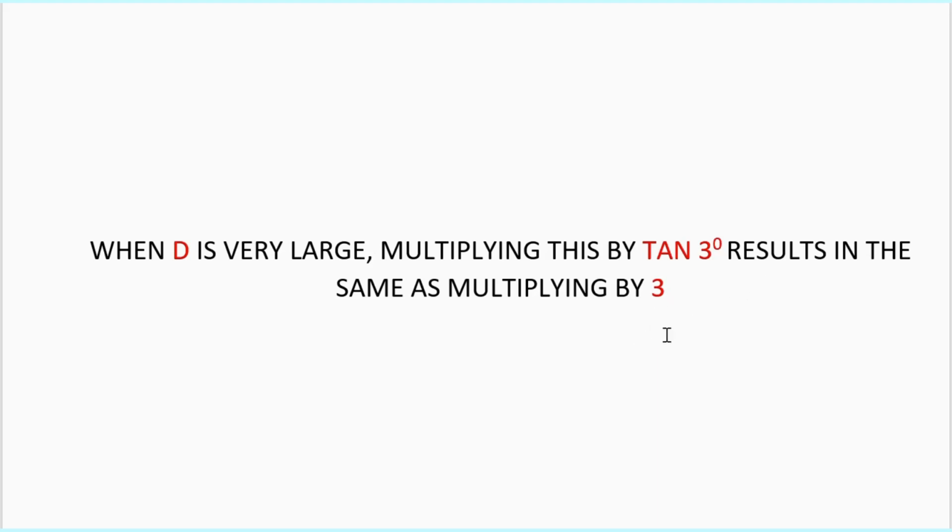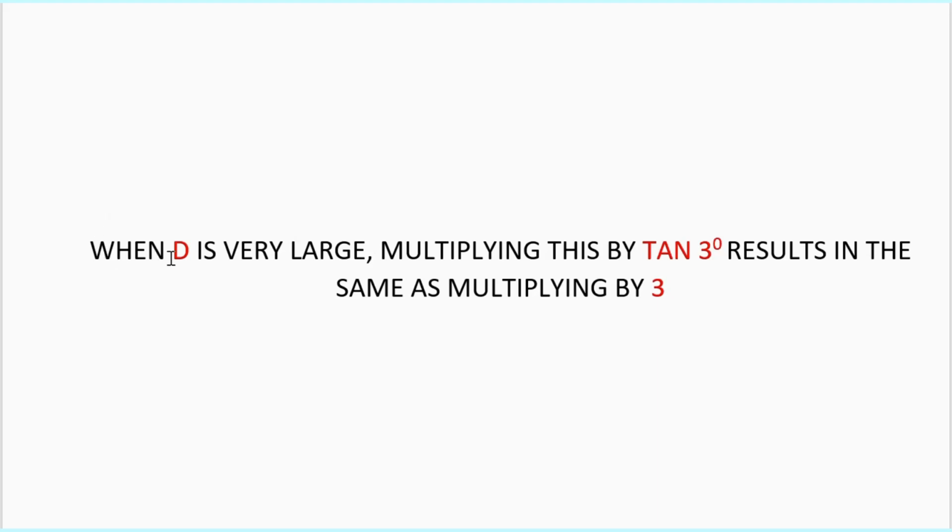We'll see the graphs. I won't show the table yet. Let's just go and see the table that I've made, and then I'll explain what I mean by this statement.